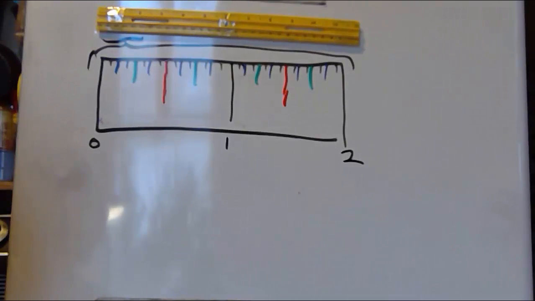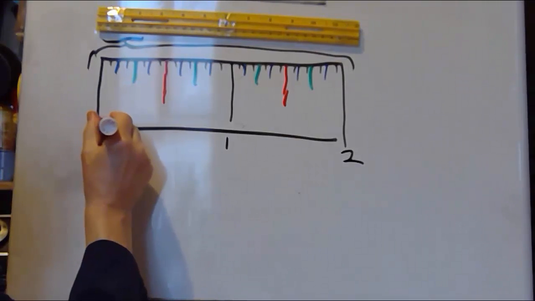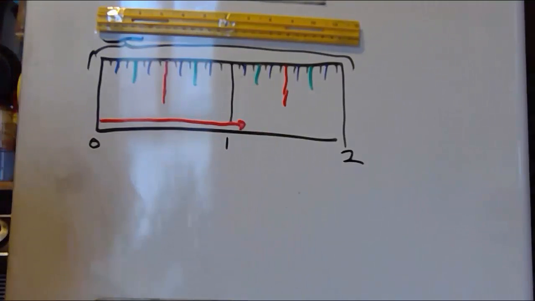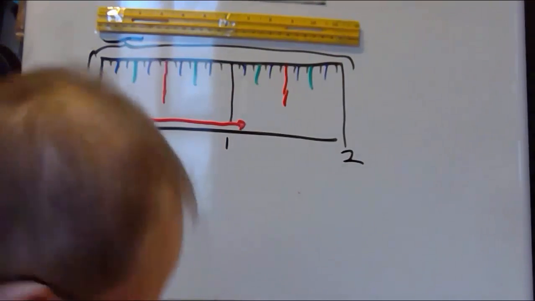And we're going to ask ourselves, what is the length of the red line? So I'm going to fill in the red line. Of course, it looks much better in your PowerPoint or your workbook than in my drawing here. And I'm going to figure out where this arrow ends.